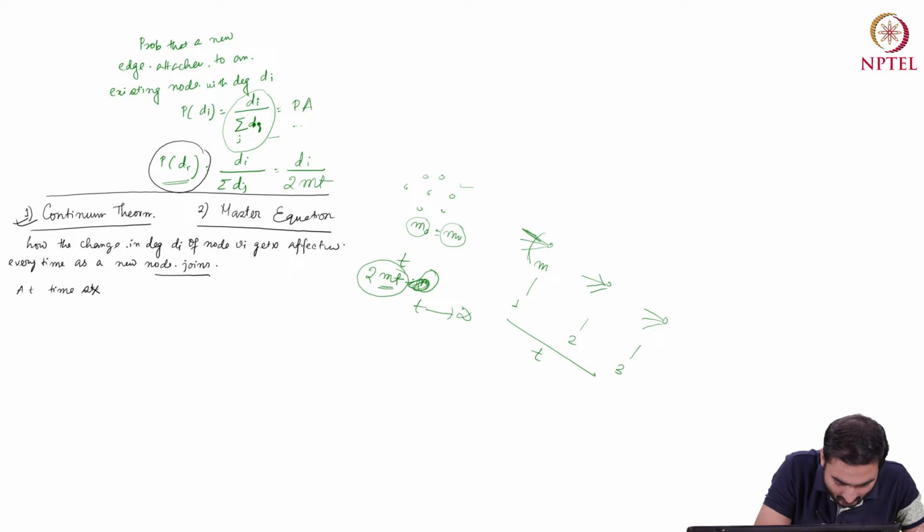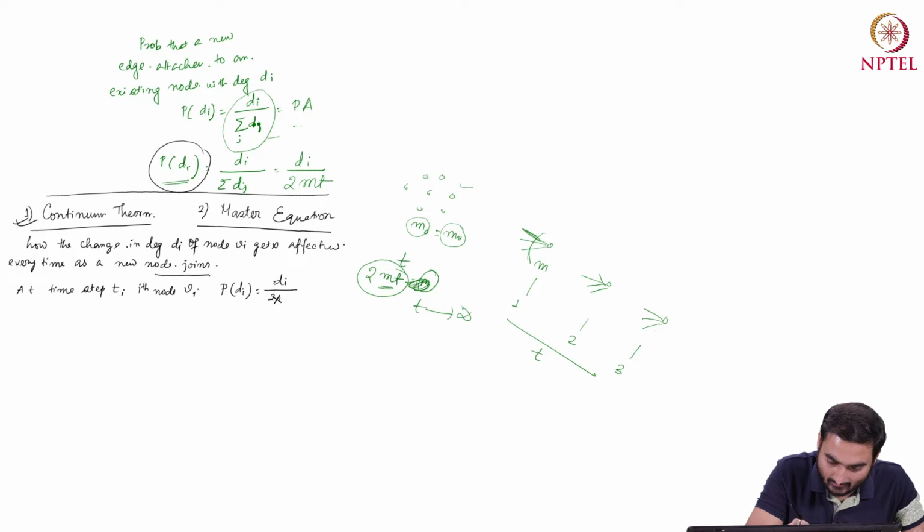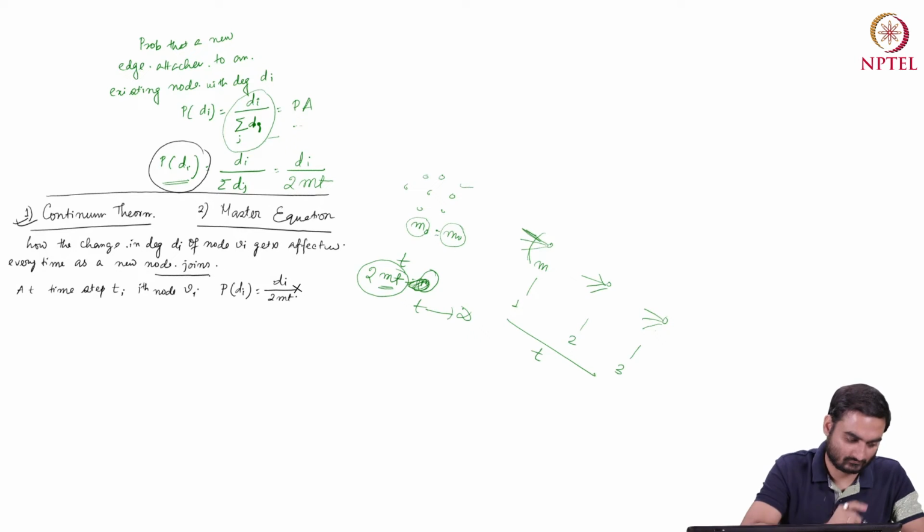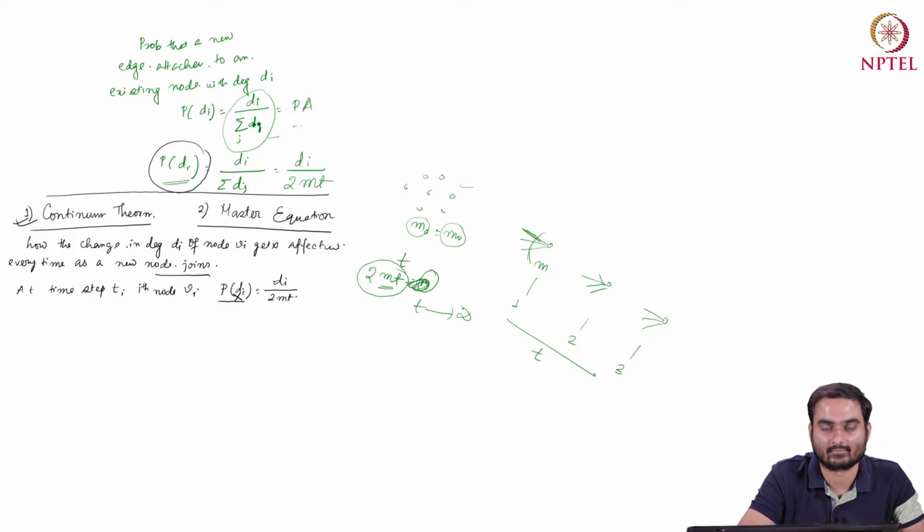So at time step t, we know that for the ith node vi, the probability of getting connection is p di, which is di by 2mt, right. So what is the rate of change of degree? The rate of change of degree is delta di by dt.